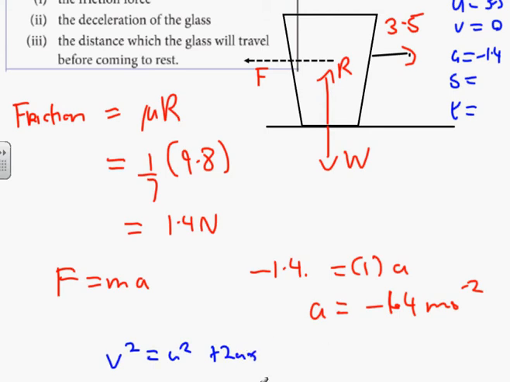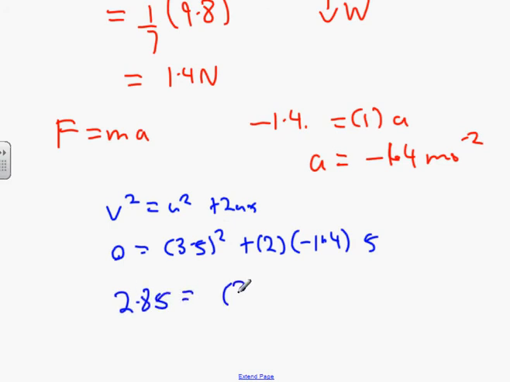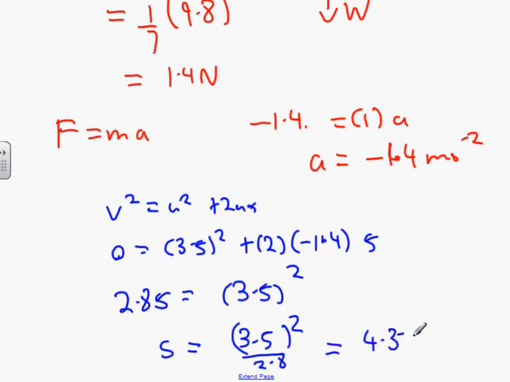That means v squared is 0, so it's 3.5 squared plus 2 times minus 1.4 multiplied by s. Bring that over to your side, you get 2.8s equals 3.5 squared. Will somebody divide 3.5 squared by 2.8, please? 4.375 meters. A fairly bog standard question, just with a bit of friction involved.